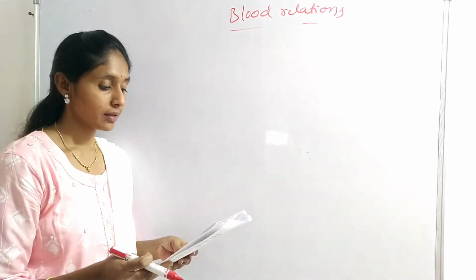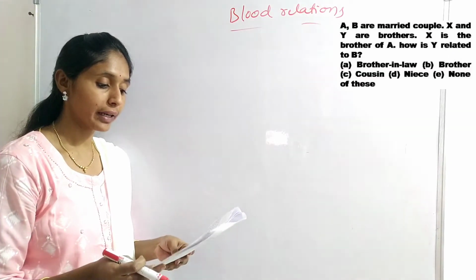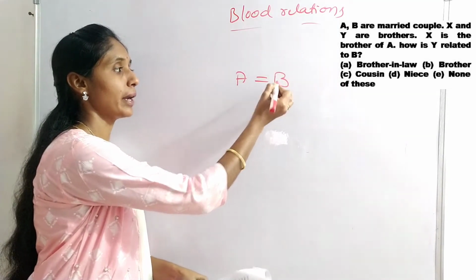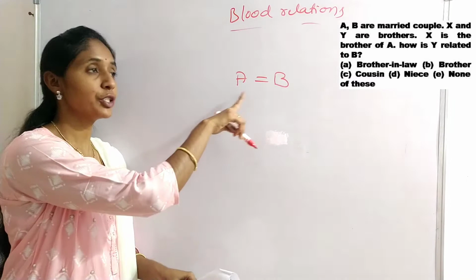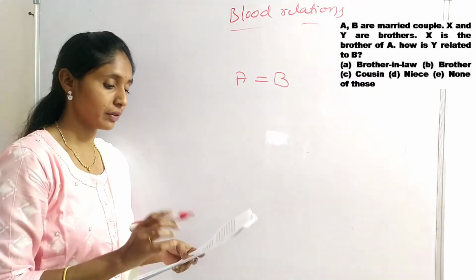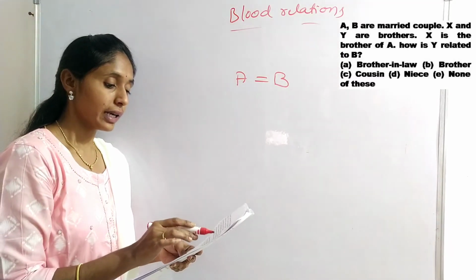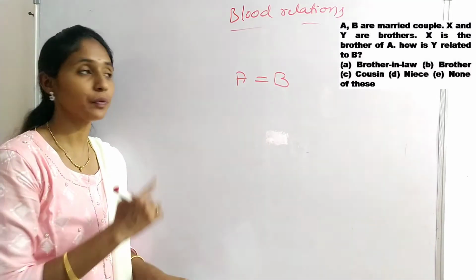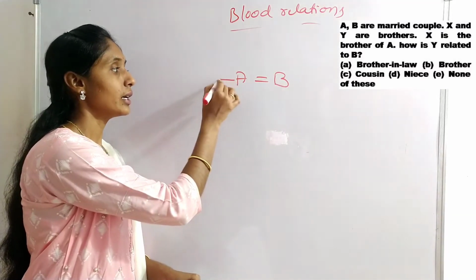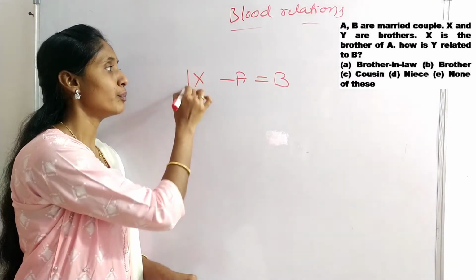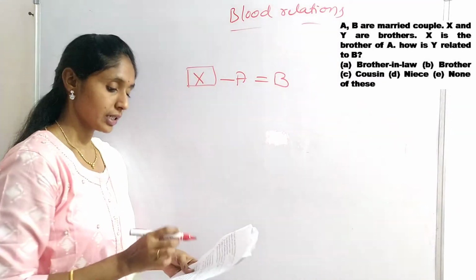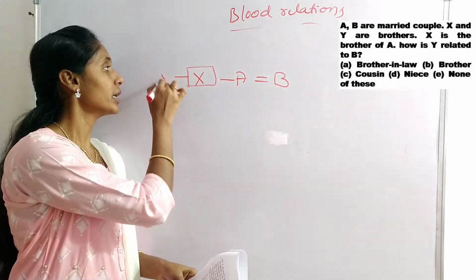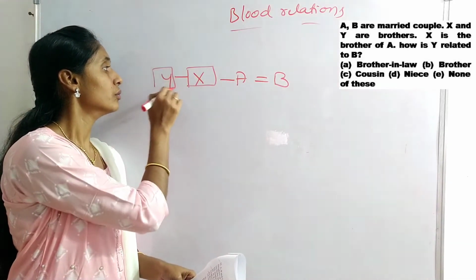Next question. A and B are a married couple. We don't know which one is husband and which one is wife. X and Y are brothers. X is the brother of A. X and Y are brothers, so Y is also a brother.